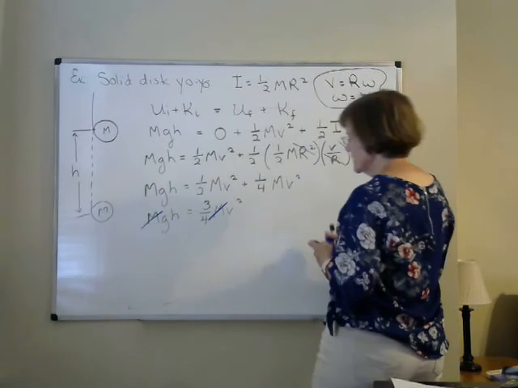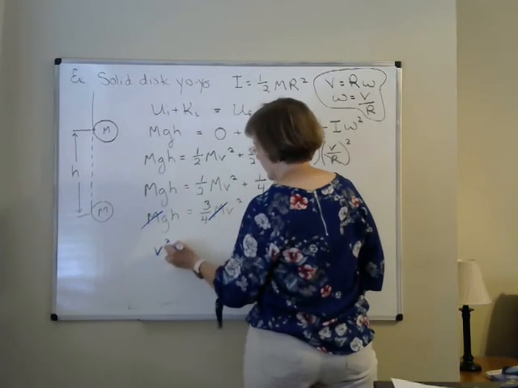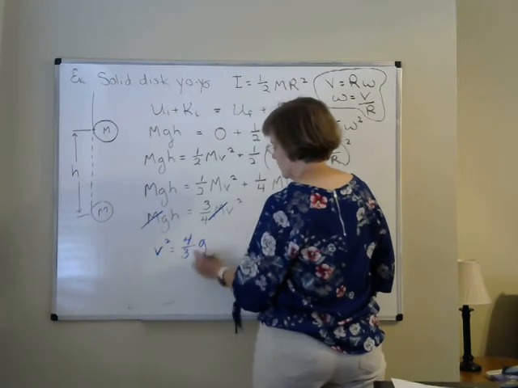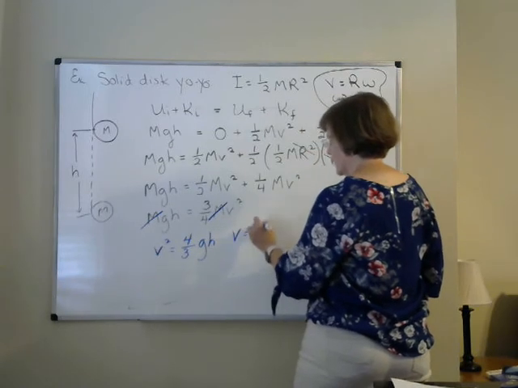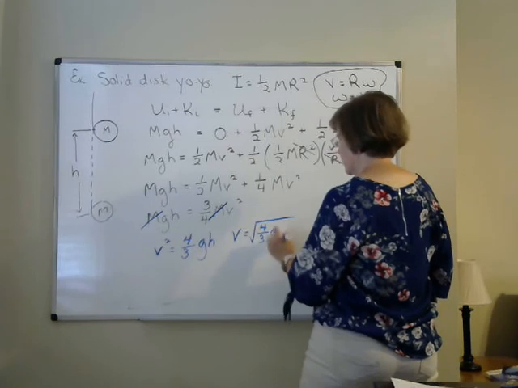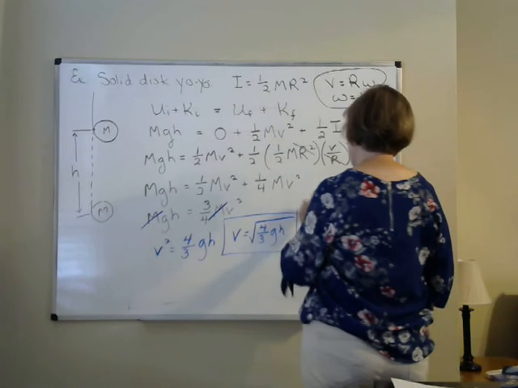Again, if we solve for v, we get v squared is multiplied by the reciprocal, 4/3 gh. So v is the square root of 4/3 gh. What was free fall? It's a good one to know.